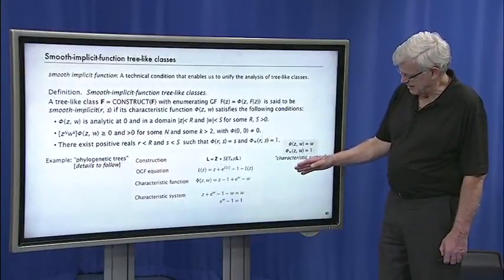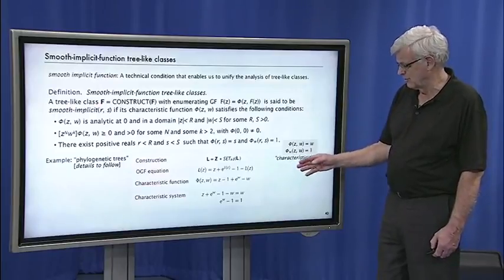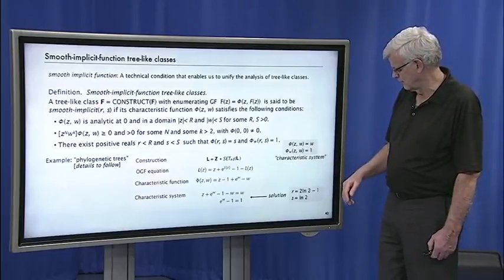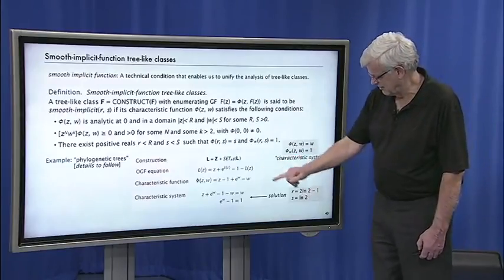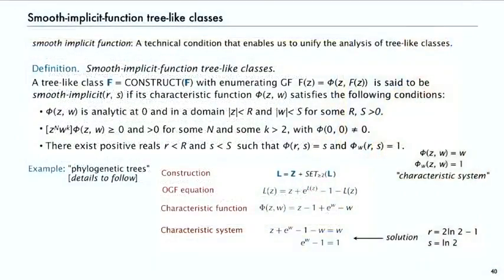That's easy to solve. That means e^w = 2, or w = log 2 is the solution, so s = log 2, and then we plug log 2 into the other one, and we get r = 2 log 2 - 1. So we found the characteristic system. It's got a solution that's real. And so that means that phylogenetic trees are smooth implicit with those parameters r and s.